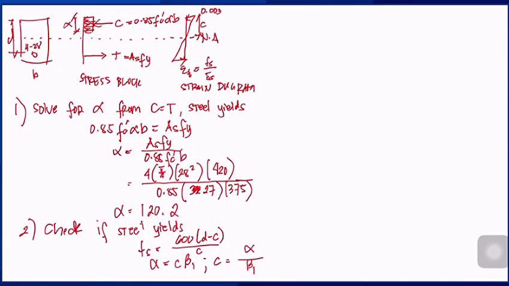And what is beta 1? What is beta 1 for checking? We check for the value of beta 1 using the table.